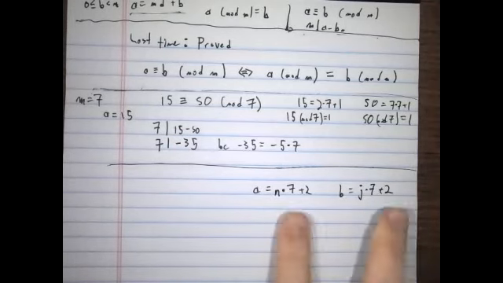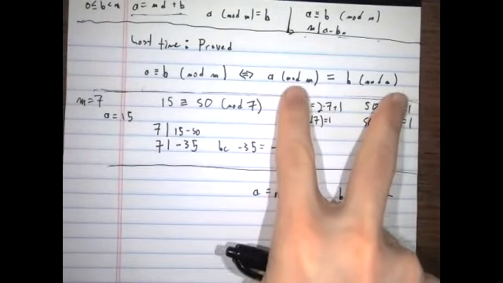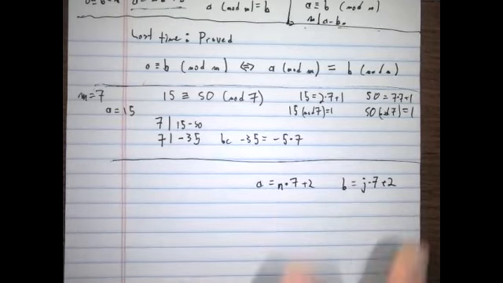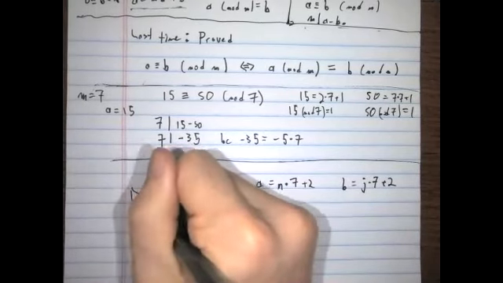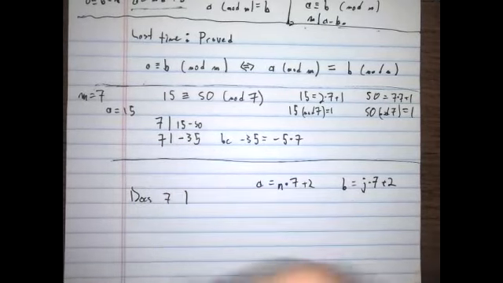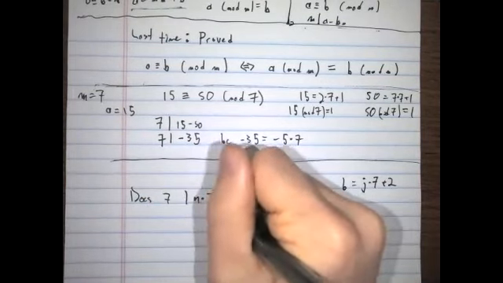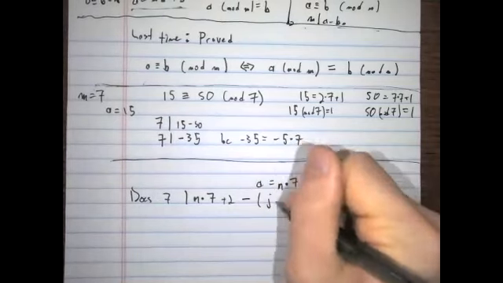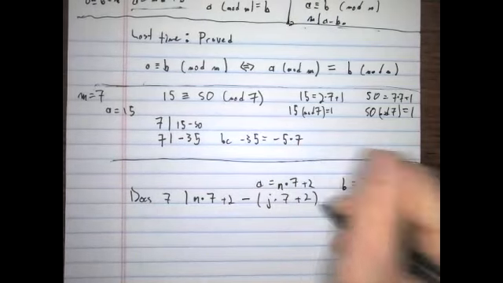Here's a way to produce two different numbers with the same remainder after you've divided by 7. My next question is, does 7 divide n times 7 plus 2 minus j times 7 plus 2?